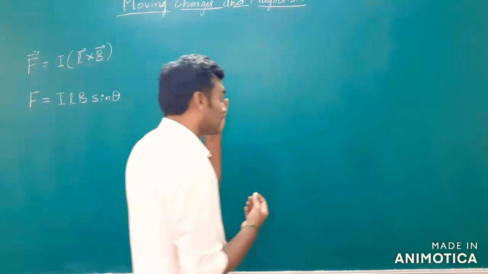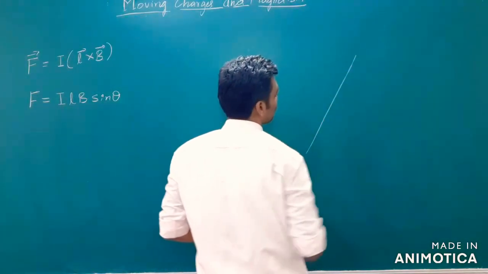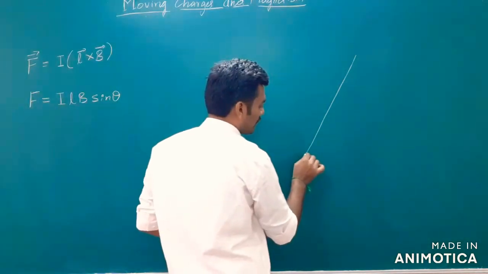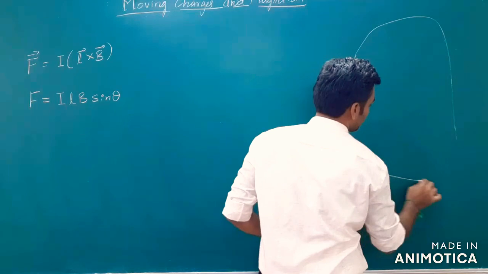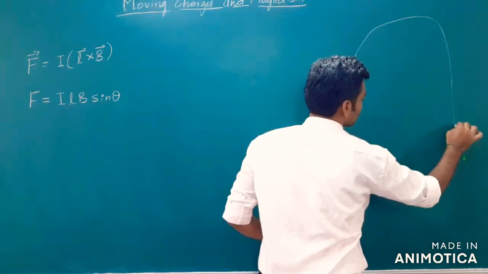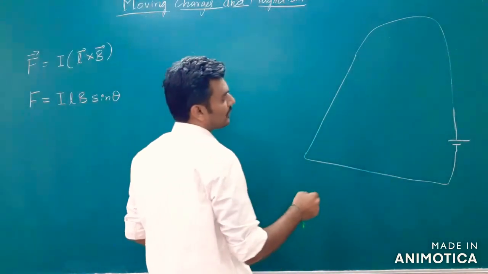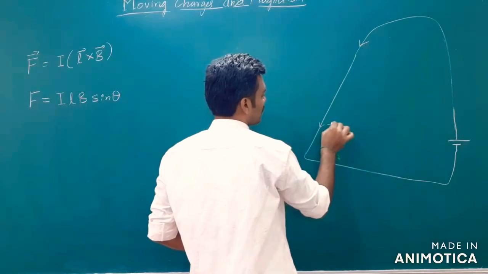How do we get the angle between L and B? Say you have a current carrying conductor like this, somewhat like this, and it is connected to a battery. Now, what is the direction of current through this conductor? It is like this, right?